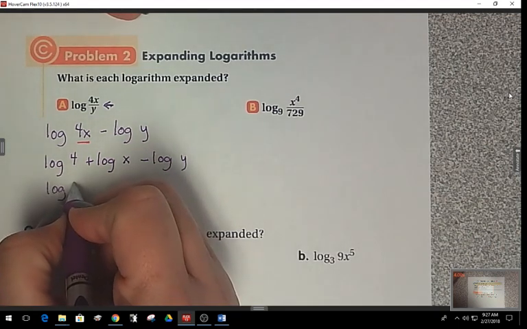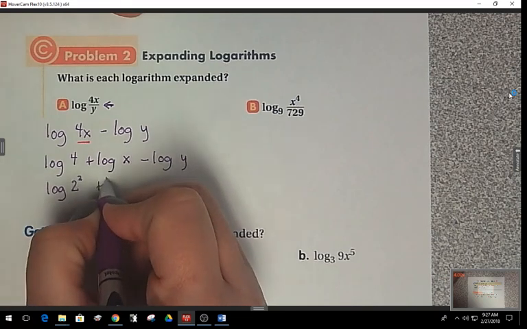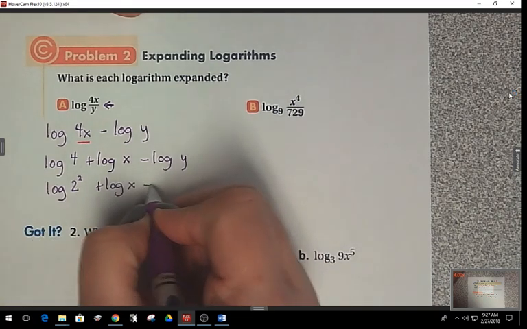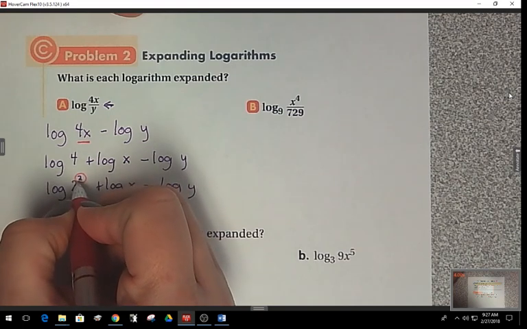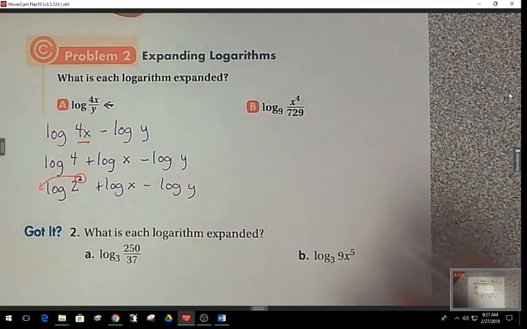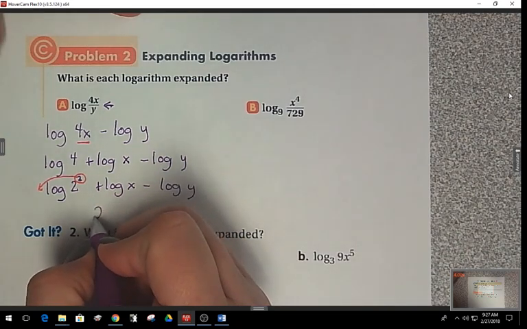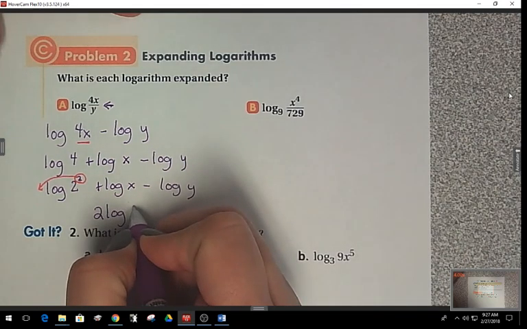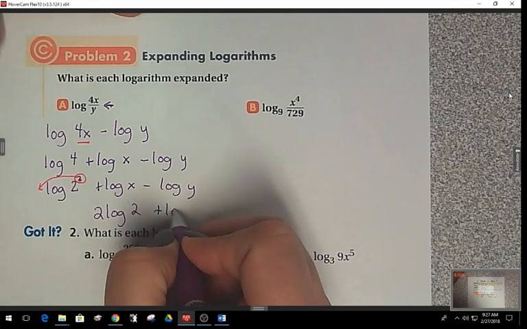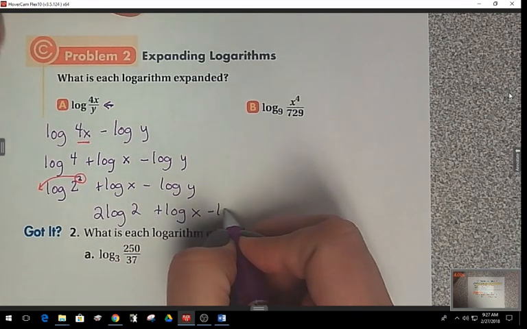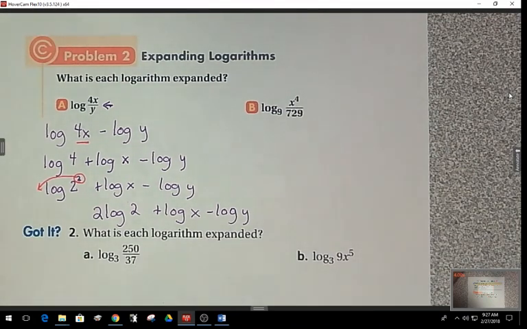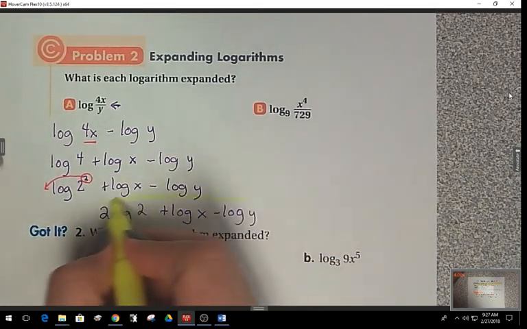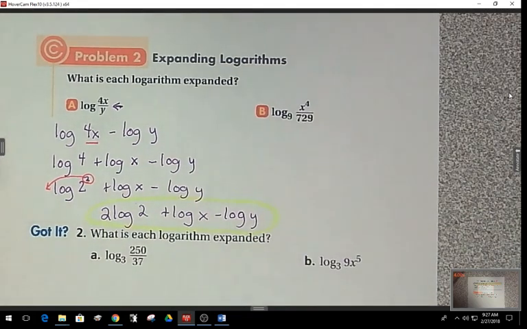So log base 10 of 2 squared plus the log of x minus the log of y, and now use your power property to move this exponent out front. So this will be 2 log of 2 plus the log of x minus the log of y. And there you go.